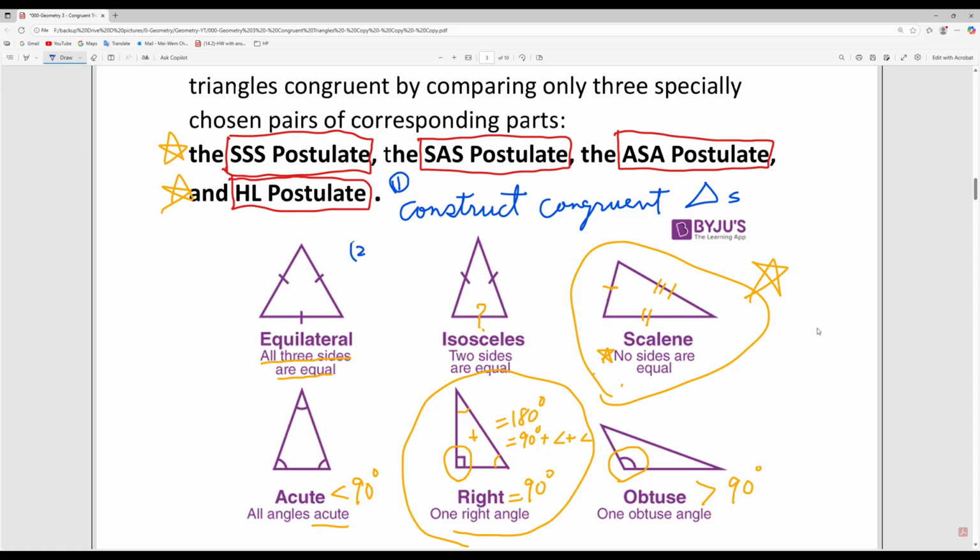And number 2, you want to verify whether those 4 postulates really are obvious, common sense or not. So there are 2 things, but the most important thing is how to construct congruent triangles. Okay, so let me keep going to the next page.